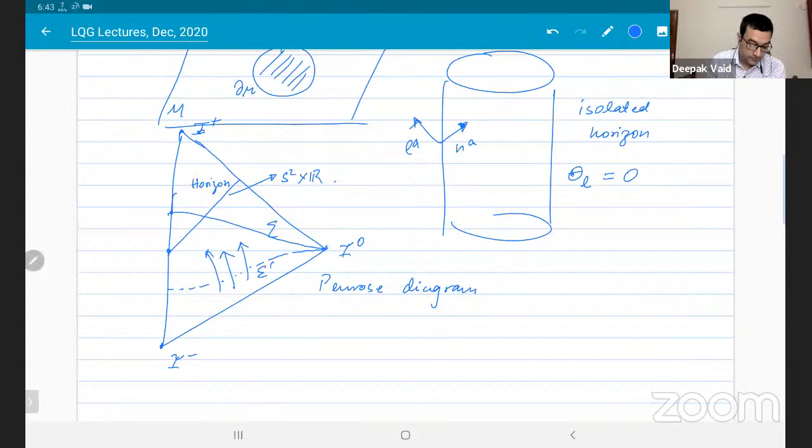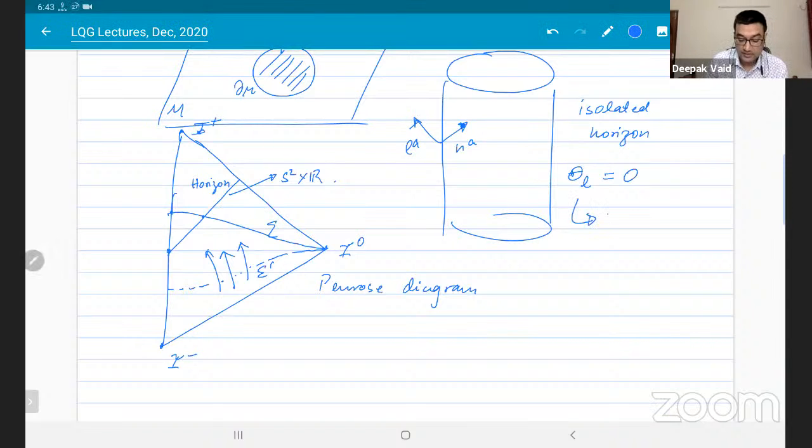So what is the property of this horizon? When we want to describe a black hole, we think of it as something from which light cannot escape. More precisely, we say that the expansion parameter of the outgoing null normal is 0.